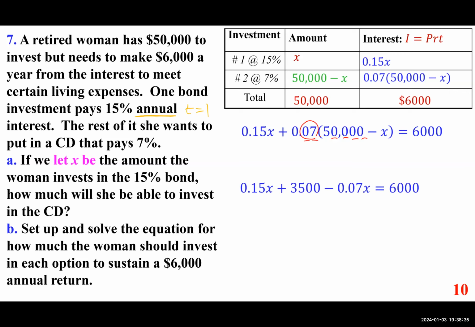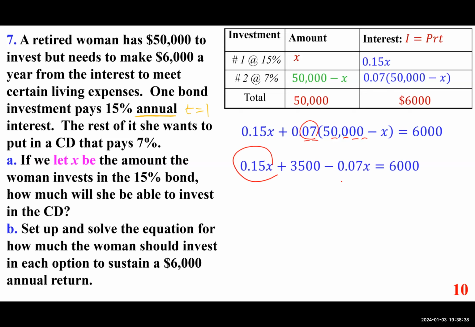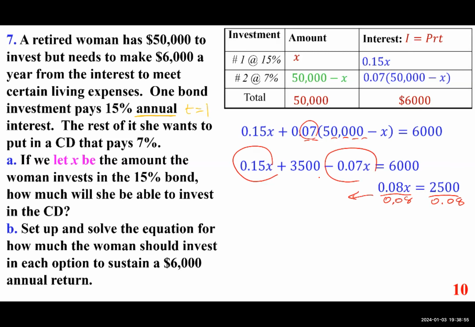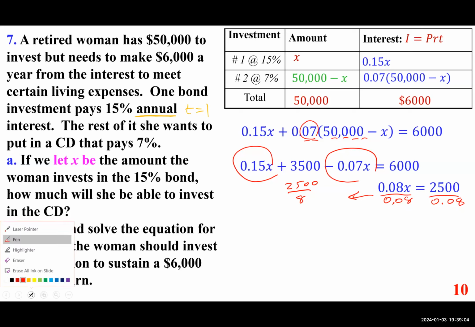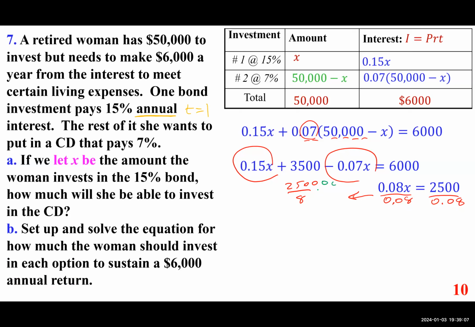Minus 0.07x. These two combine into 0.08x, divide by 0.08, or you might write it as 8. This is 2500, and I'll use a different color so you see what I'm doing here. I'm going to add 2 zeros here, okay?